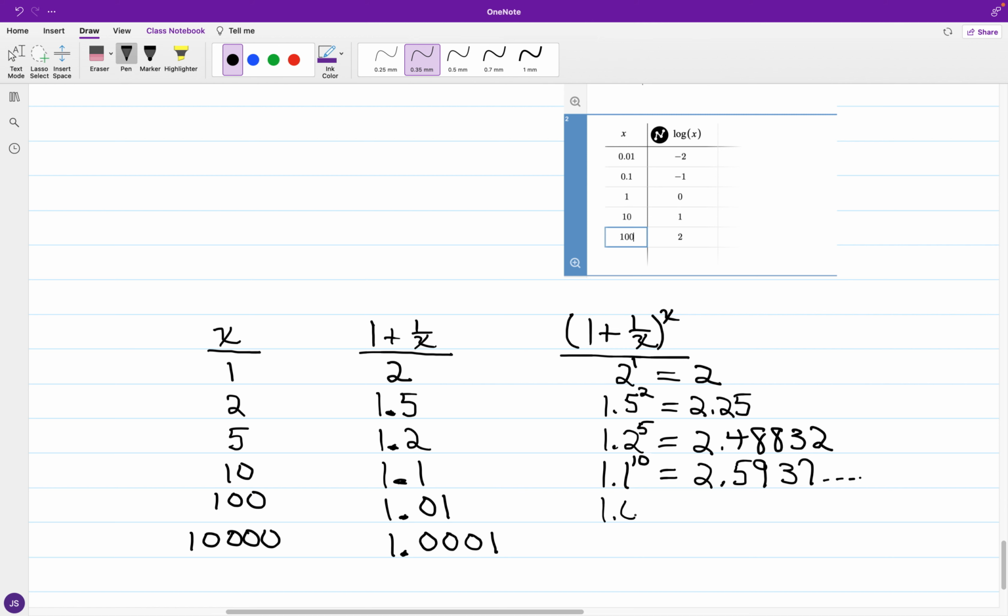If I have 1.01 to the 100th, this will be 2.7048. And you have 1.0001 to the 10,000th.